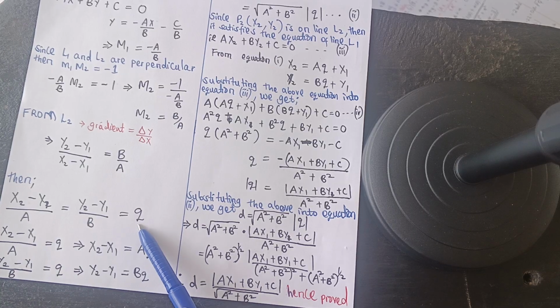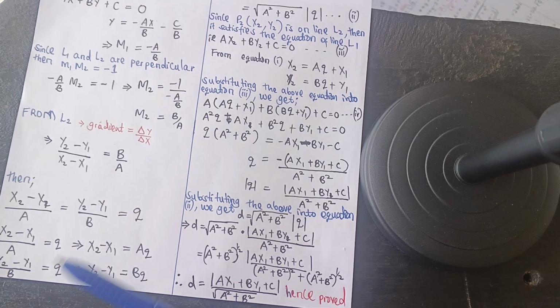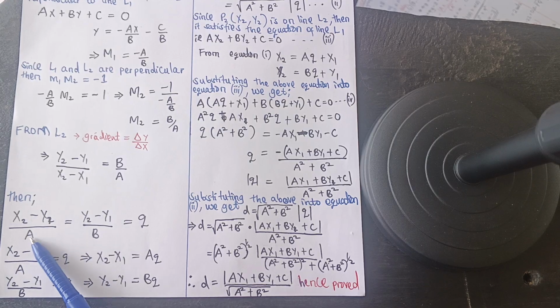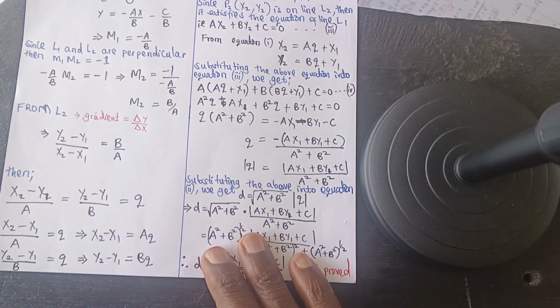you can give any letter. Here I take q, you can even let it be r, you can even let it be m, but I decided to use q. So x2 minus x1 over a is equal to y2 minus y1 over b, which is equal to q.